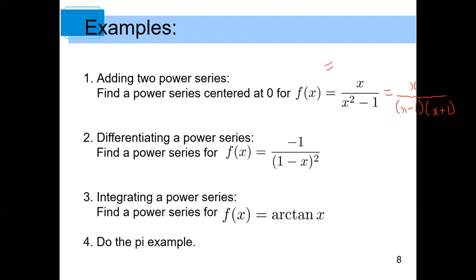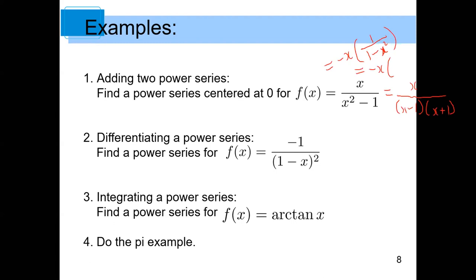We could easily come up with a power series for this because it's negative x times 1 over 1 minus x squared. Isn't that the same thing? Then what could I use to come up with a power series centered at 0 for 1 over 1 minus x squared?